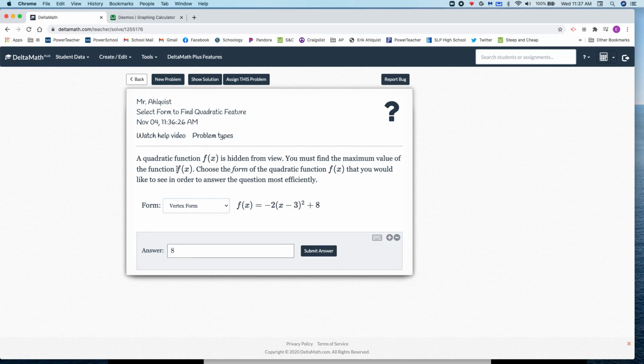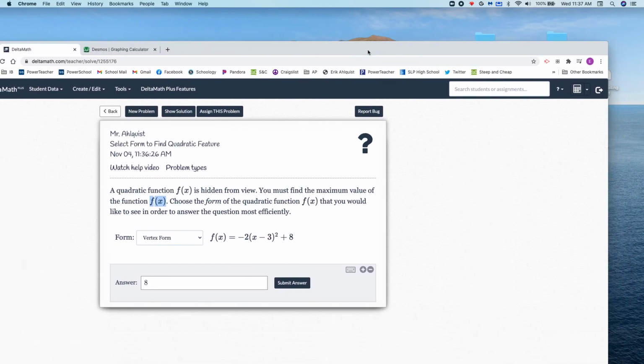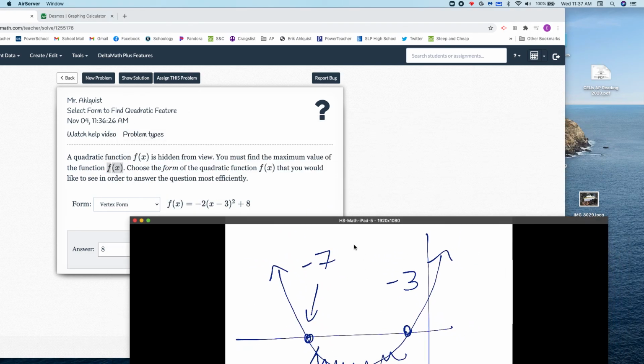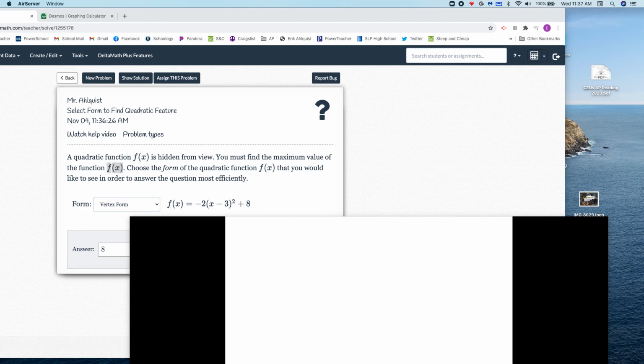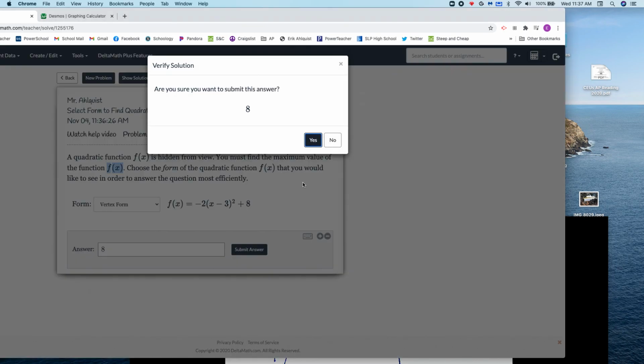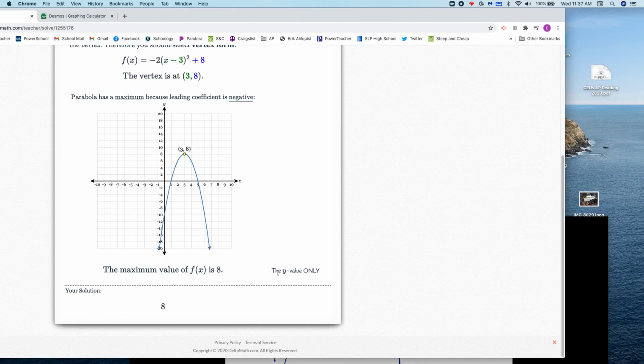That's my highest y value, because I know that if I graph this parabola that I'm given here, this parabola is going to look something like this, where this point right there is 3, 8. That is my vertex. So 8 must be my answer, and sure enough, there it is.